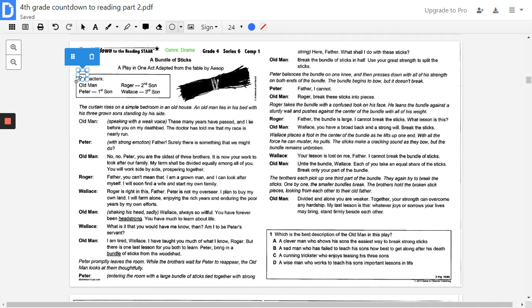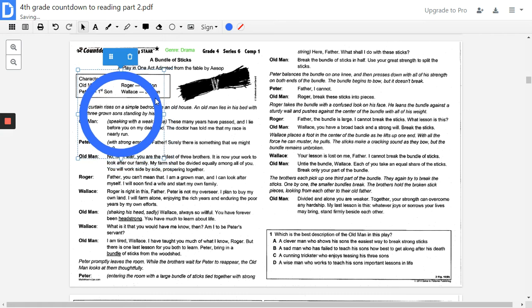This box here gives us an idea of who our characters are in the story. It's our character box. Next, we have our stage directions.